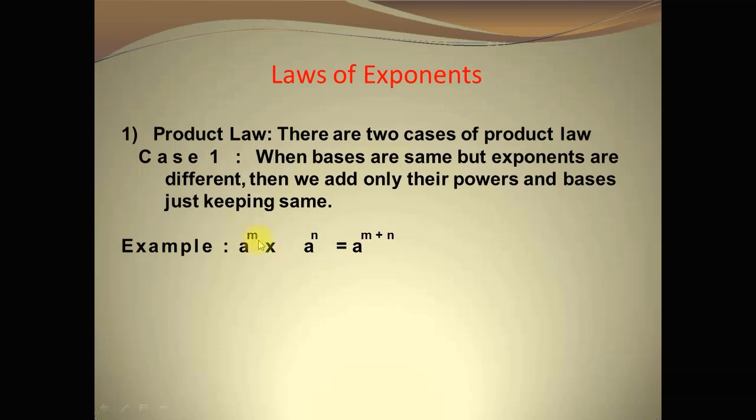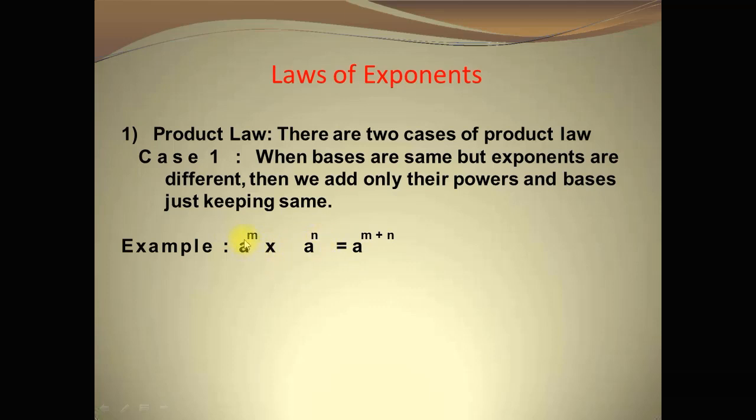In this example, the base is the same. When bases are the same but exponents are different, there are two different exponents, m and n. Then we add only their powers and the base is just kept the same.